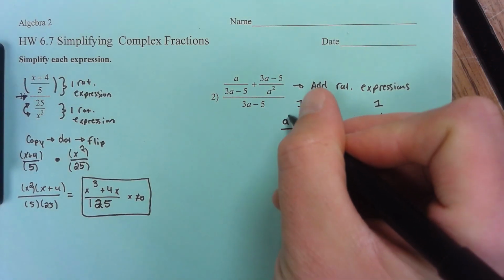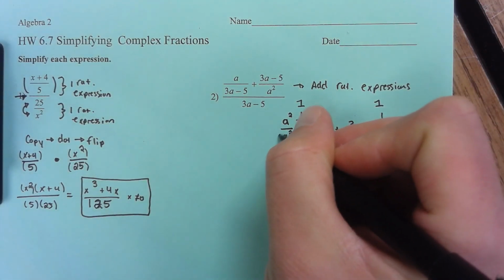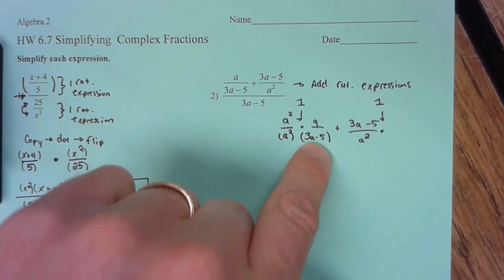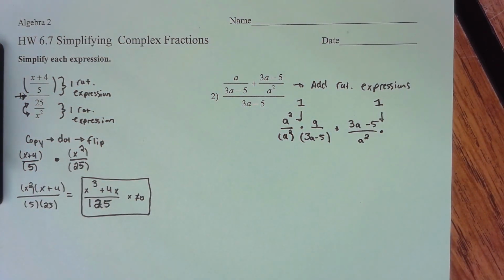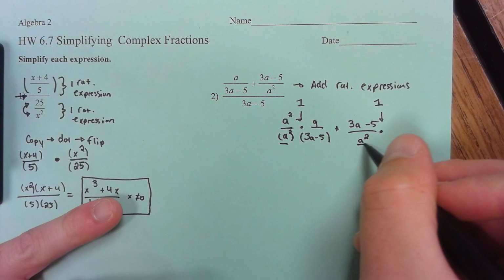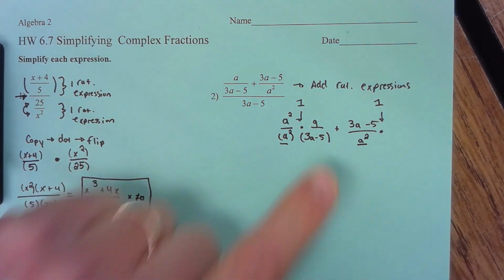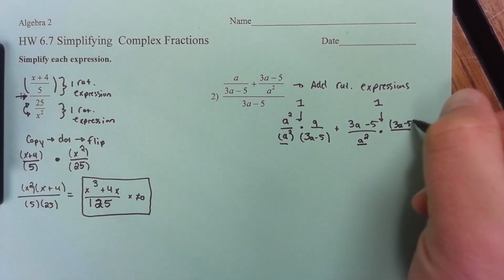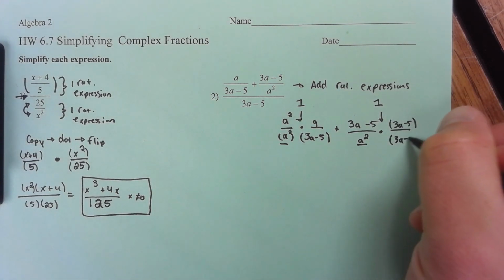So that's a squared over a squared. My denominator is going to end up being a squared times 3a minus 5. With the second fraction, I have the a squared, so that part's the same, but now I'm missing the 3a minus 5. So I'm going to multiply it by 3a minus 5 over 3a minus 5.